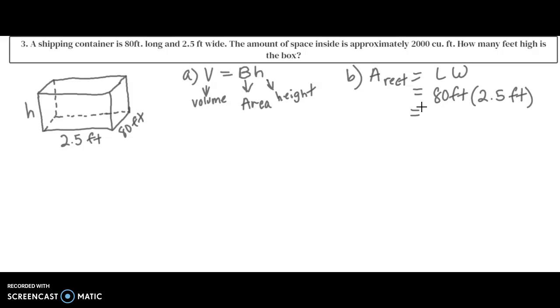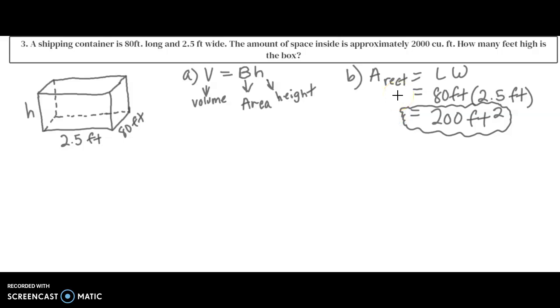Multiply the two. 80 times 2.5 is 200. And feet times feet is feet to the second power, or squared feet. So your answer for the area of a rectangle is 200 square feet.